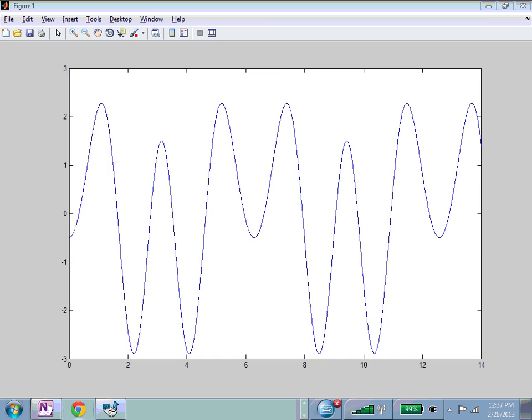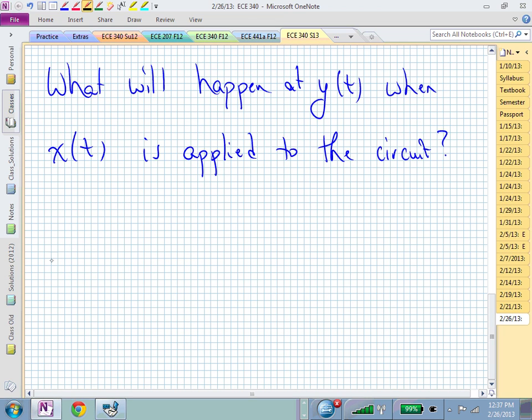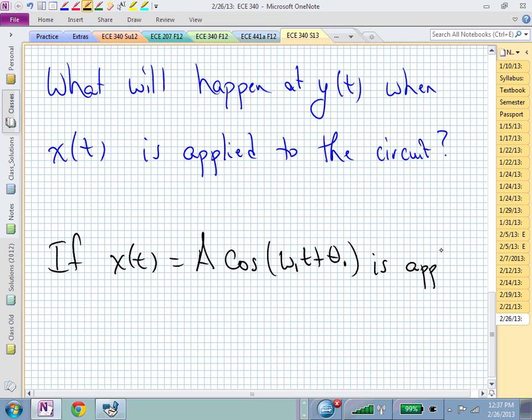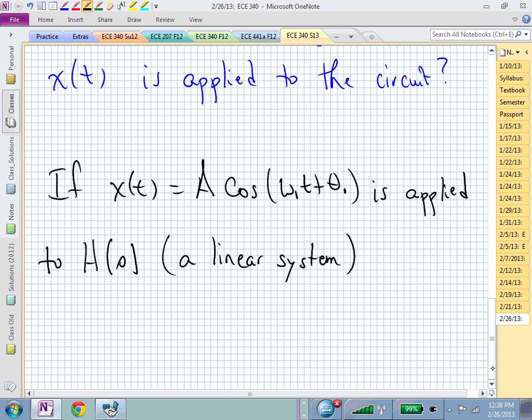I hope now, at this point in the semester, we know what's going to happen if we were to apply, for example, if x of t was a cosine omega 1t plus theta 1, if that's now applied to h of s, where h of s is a linear system's transfer function, what's the expression that we now know is going to result in the sinusoidal steady state output?